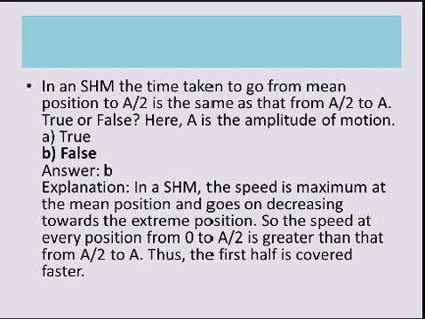So here they gave the position from mean to a by 2, meaning 0 to a by 2, and from a by 2 to a, it is not coming back to 0. So it will be different. So that's why the above statement is false.